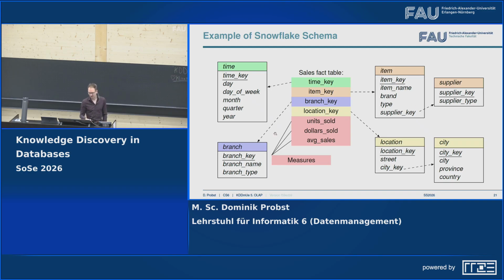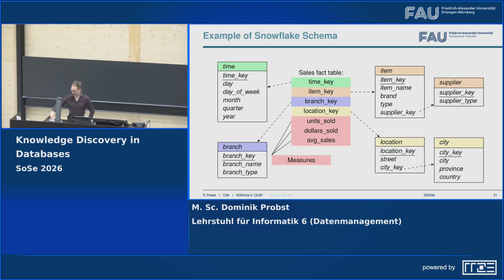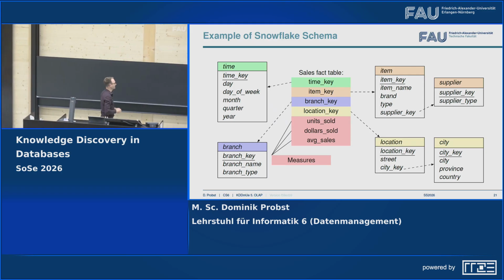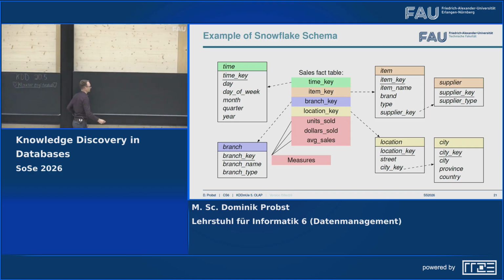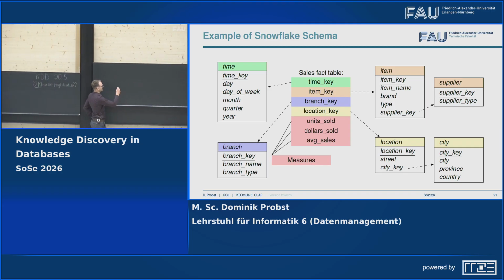Why is one thing called a star schema, and the other thing called a snowflake schema? Well, it's pretty simple to think about. Let's say in the star schema, we have one central fact table, and we have one table per dimension.